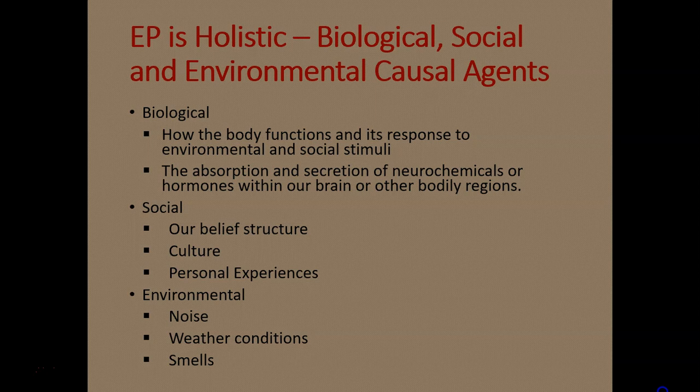It is also the absorption and the secretion of neurochemicals or hormones within our brain or other bodily regions. We've got to understand all this and how it affects behavior. Then on the social level, it is our belief structure, our culture, or our personal experiences. Environmental includes noise, weather conditions, and smells. And this is just a small snippet of things that we look at in environmental research.